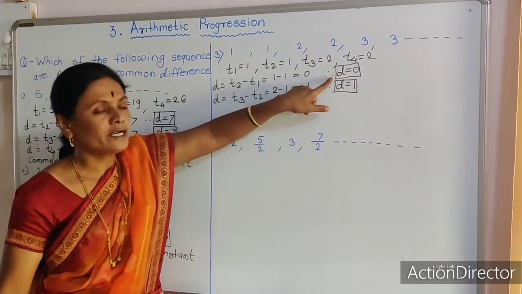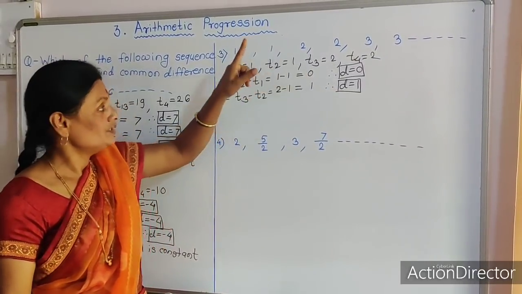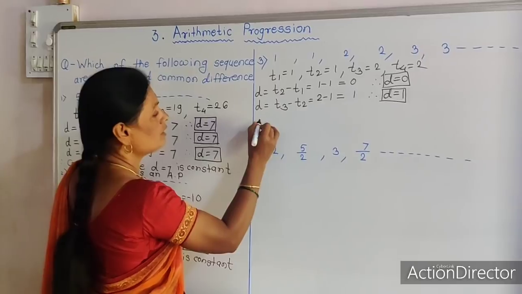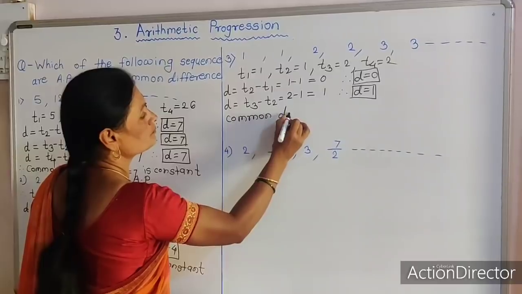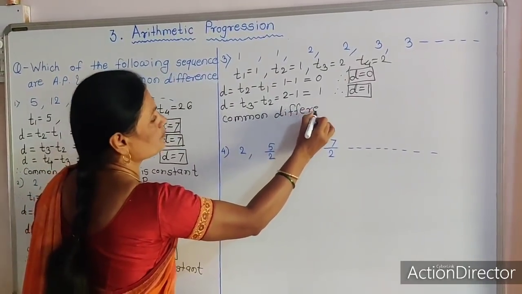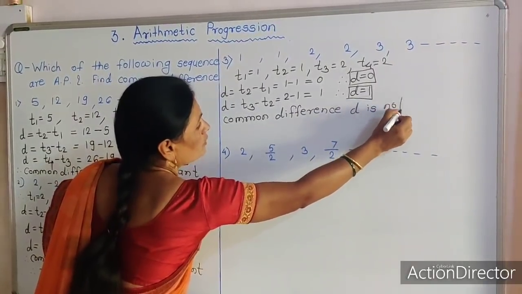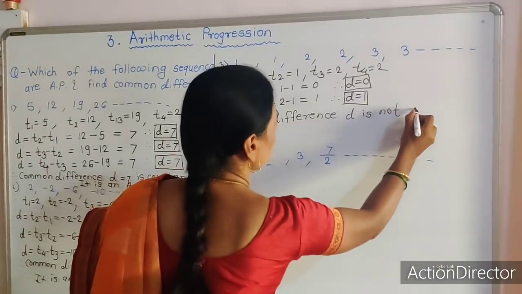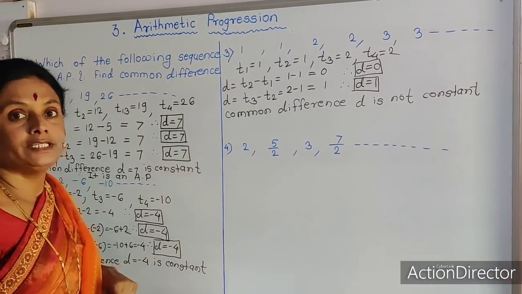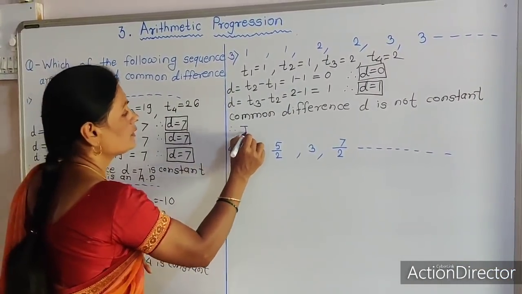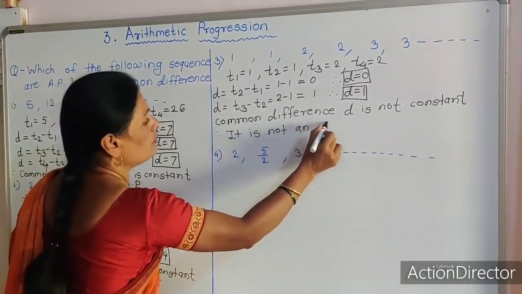D is not the same. Here D is equal to 0 and here D is equal to 1. Therefore, common difference D is not constant and therefore it is not an AP.